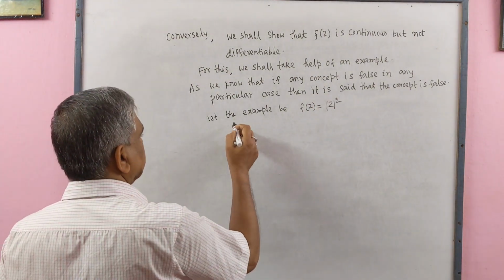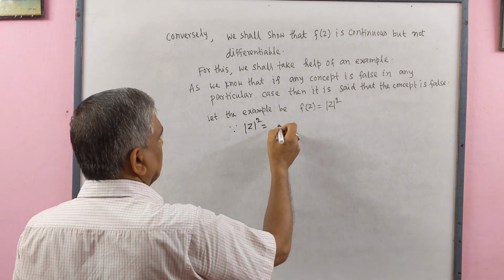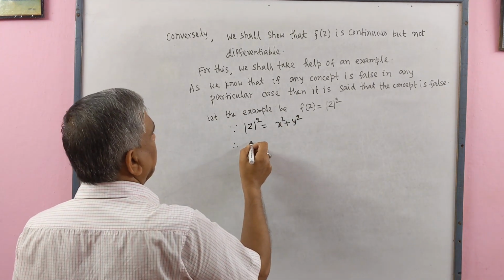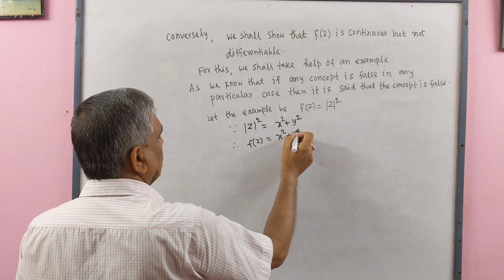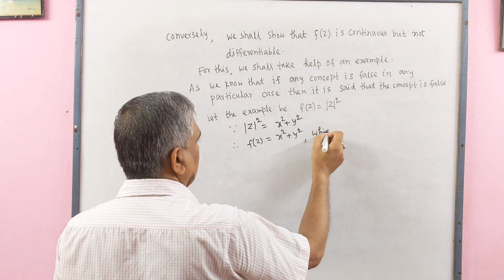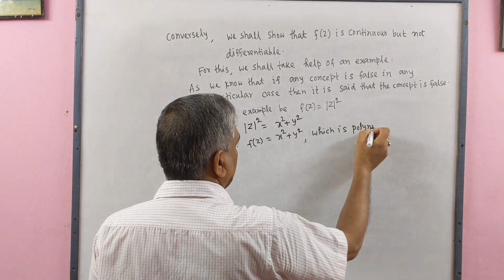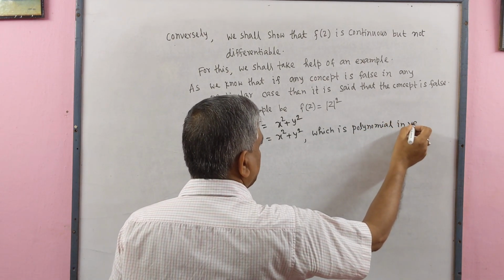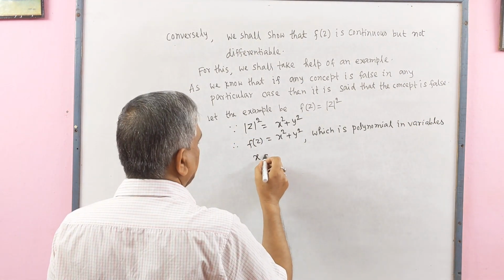Since modulus of z square equal to x square plus y square, therefore f(z) equal to x square plus y square, which is polynomial in variables x and y.